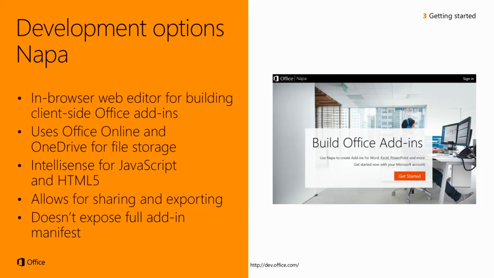The first one of which is, let's say you don't have any developer tools, anything, you just want to use the browser. For that we have what is called Napa, the Napa tools. Napa was kind of the code name internally, and it's remained the final name for the browser-based editing tools for building client-side Office add-ins.